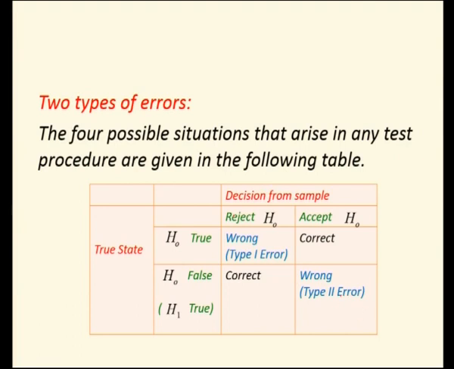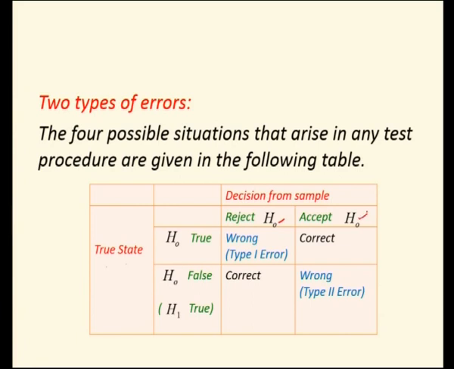So, here my null hypothesis H naught can be true or my null hypothesis can be false. If my null hypothesis is false, then automatically my alternative hypothesis H1 becomes true. So, what is the decision I have to draw from the sample, namely to reject or accept. So, rejection or acceptance will be based upon the null hypothesis.